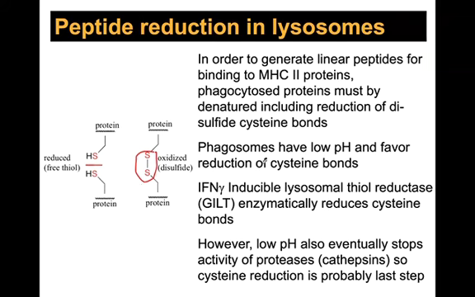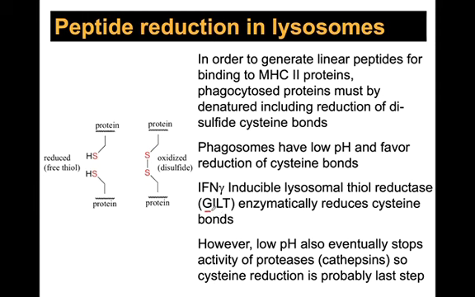Okay, now there's a couple of things that happen. First, the phagolysosomes have low pH. So that favors a reduction of the cysteine bonds, but it's not enzymatically very favorable. And so in the MHC2 compartment, you're also expressing a protein called GILT. This is interferon gamma, so the G is from gamma, inducible lysosomal thiol reductase.